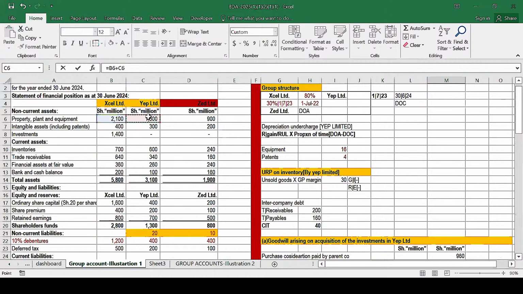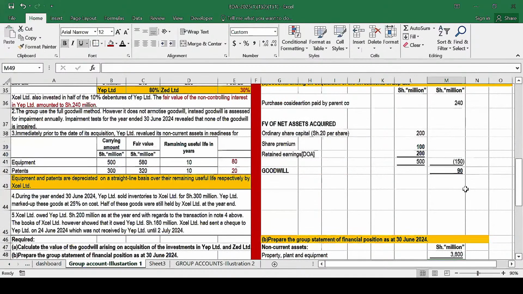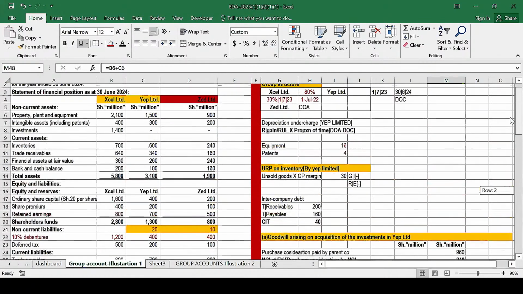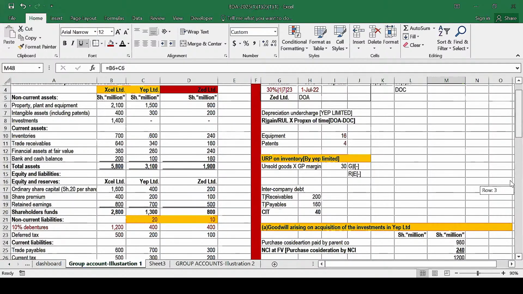So basically we enter like that. It's coming to 36. Okay, it is correct.